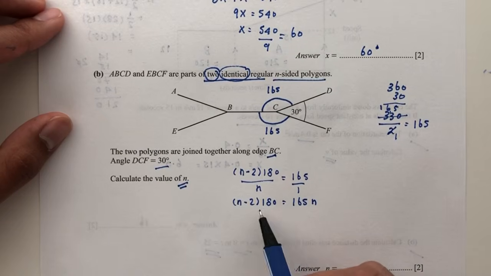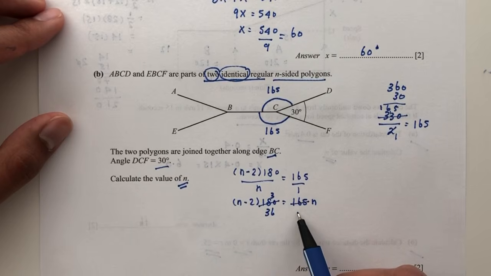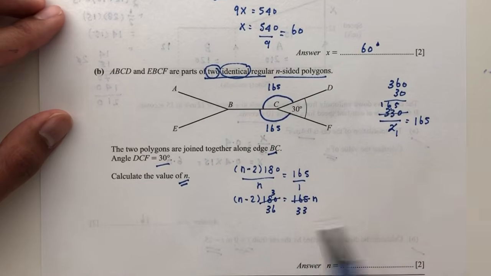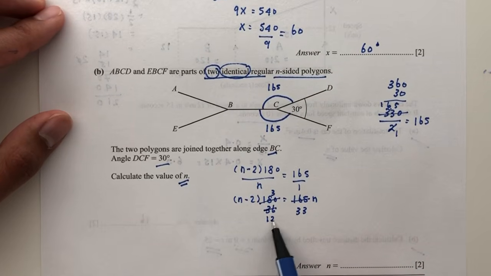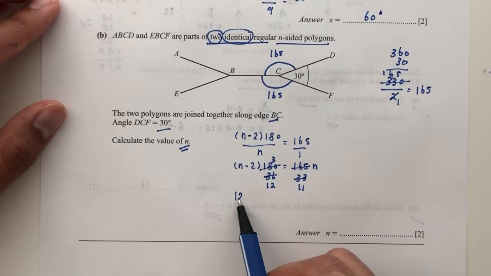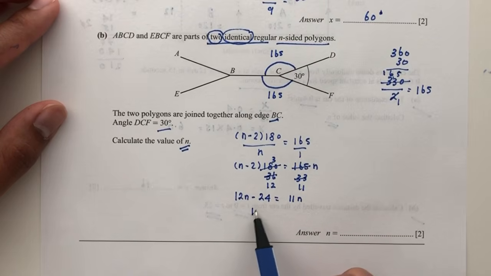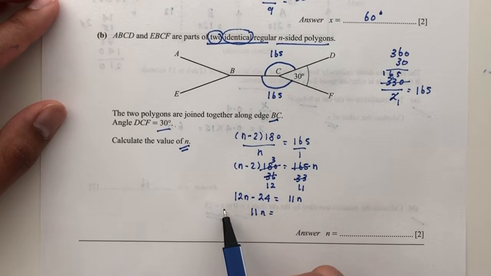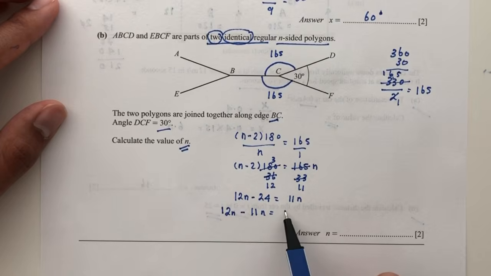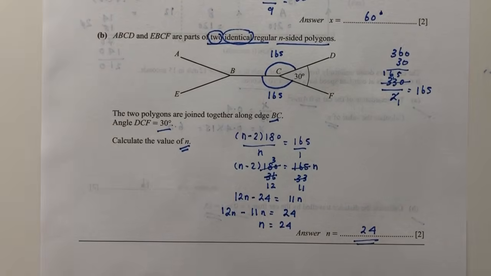You will have 36 and 33, then divide by 3, you will have 12 and 11. Now if you expand, you will have 12n minus 24 equal to 11n. So 12n minus 11n equals 24, n equals 24. This will be your number of sides for this polygon, 24.